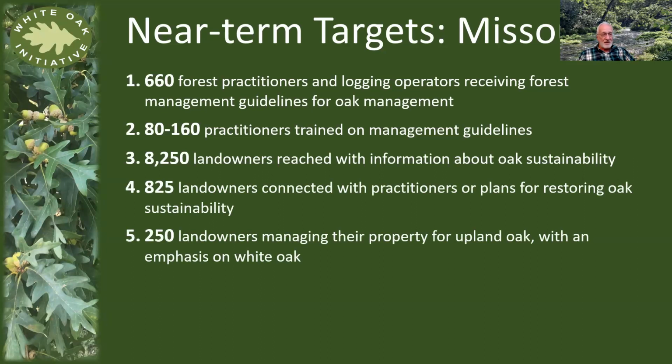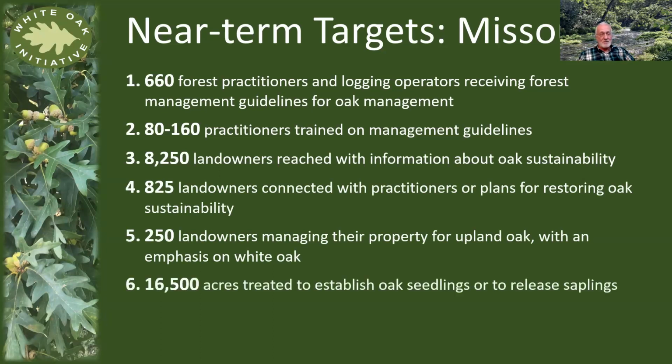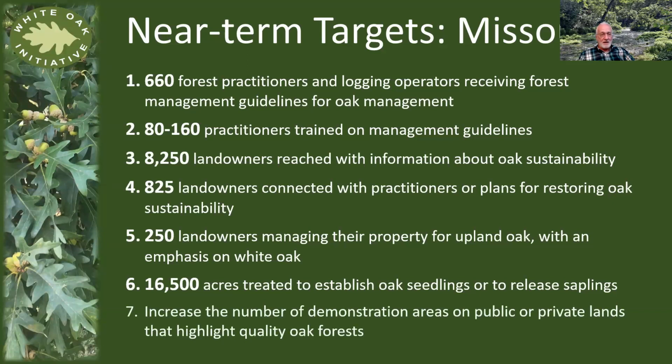And then we're saying that 250 will follow through managing their property for upland oak with an emphasis on white oak. So this is in the near term, north of 16,000 acres by 2024 would be either treated or planted with white oaks. And then increasing the number of demonstration areas on public and private lands, highlighting the quality of forests.